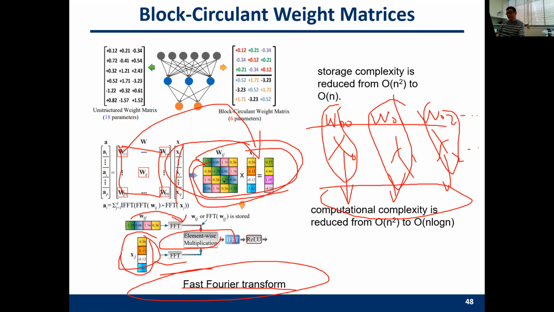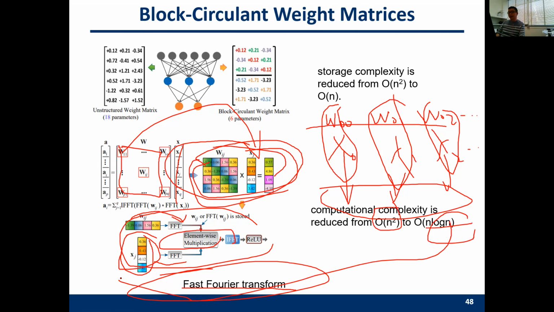The complexity of the matrix vector multiplication is n squared, but this one is n multiplied by log n. N log n is actually the computing overhead of the FFT. So the element-wise multiplication here can be ignored. The computing overhead is completely decided by the FFT. So for a very large n, apparently this number is much smaller.